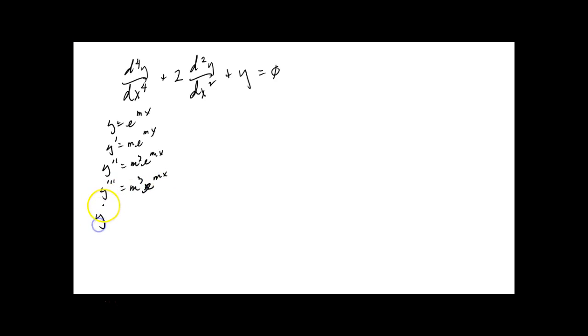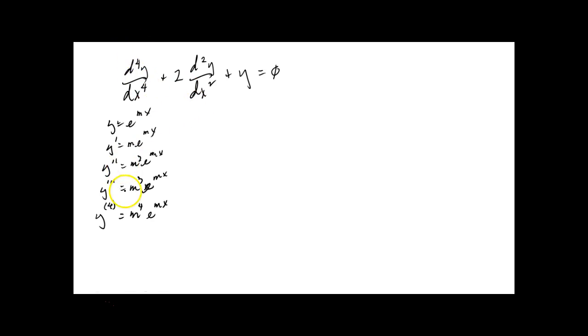And after triple primes, they start putting them in parentheses. Y fourth prime is m to the fourth e to the mx. That's the power, that's a prime, okay? I guess I could have written this as dy dx, d2y, d3y, but it's so much easier to write primes.